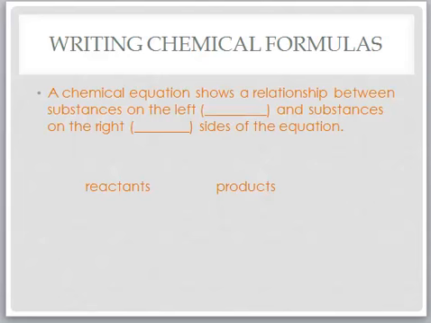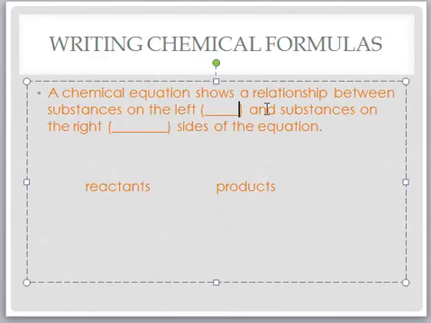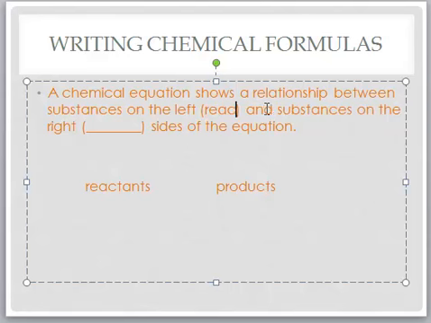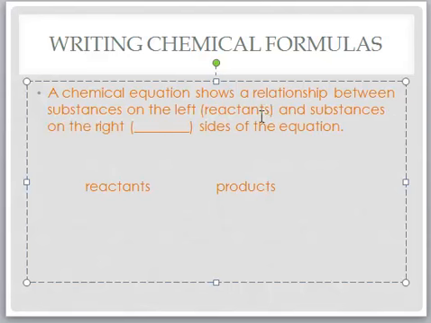So let's fill in those blanks. The substances on the left-hand side of the equation are called the reactants. And the substances on the right-hand side of the equation are called the products. So we're building a good system here.